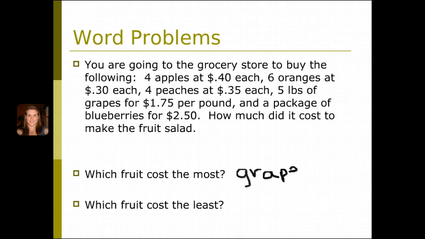Your least expensive fruit was your peaches. Okay, so that just gives you a little bit of an example of how you would go about shopping for the fruit and figuring out your total cost to make sure you had enough money to purchase all the different kinds of fruits that you had.